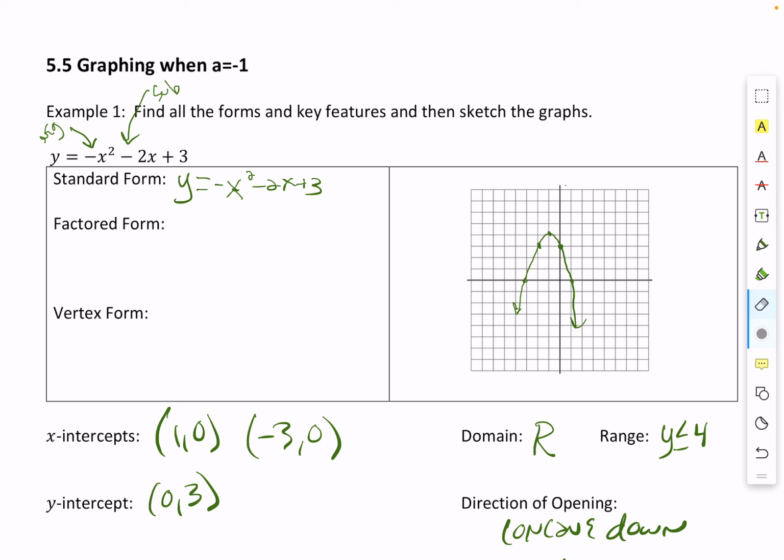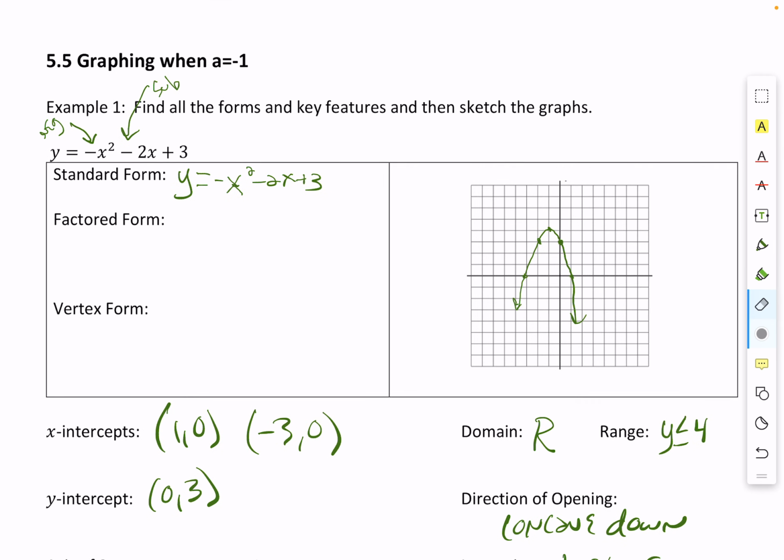But what do we have to do even before the puzzle? Take out the negative. Get rid of that GCF. So I'm going to start by dividing everything by a negative. So y equals negative x squared plus 2x minus 3.